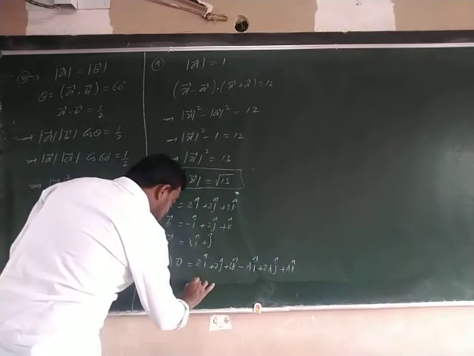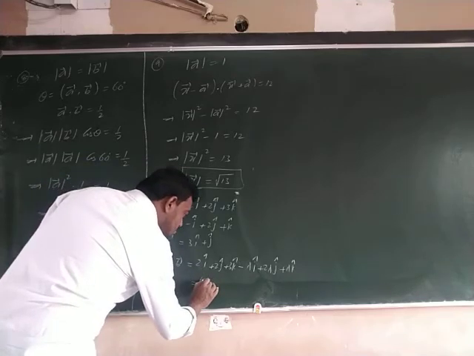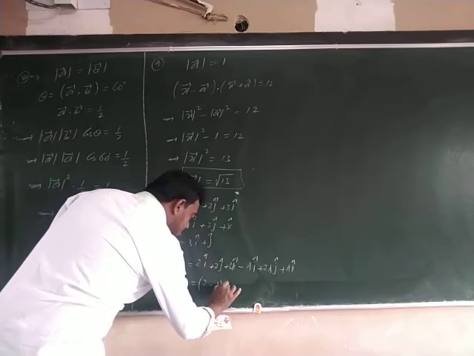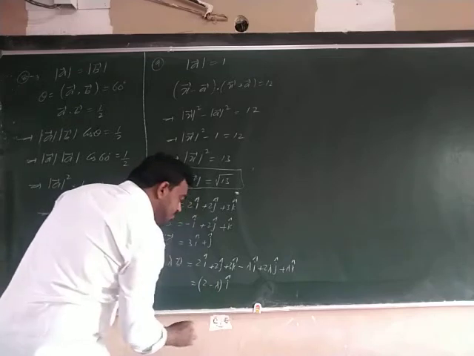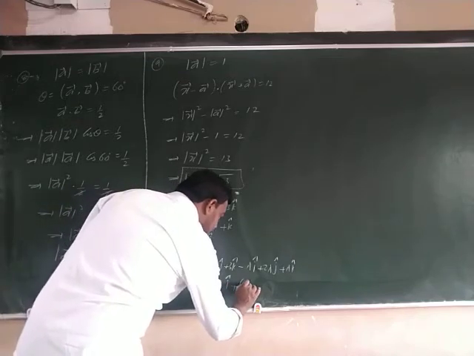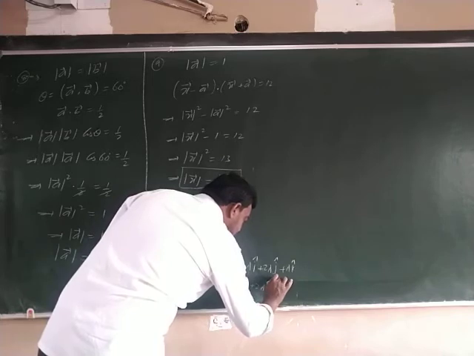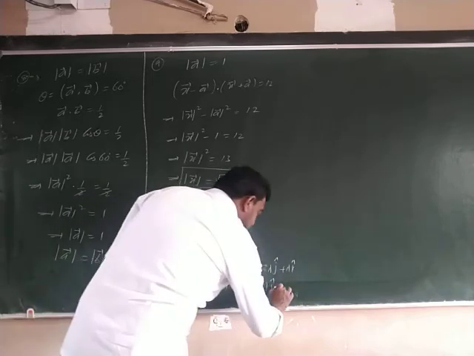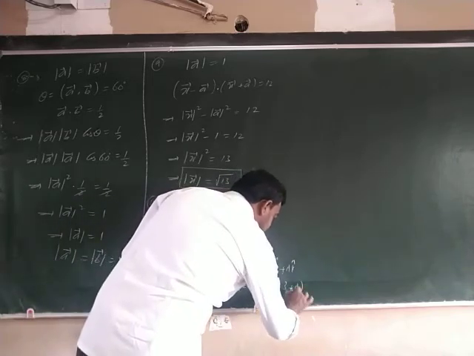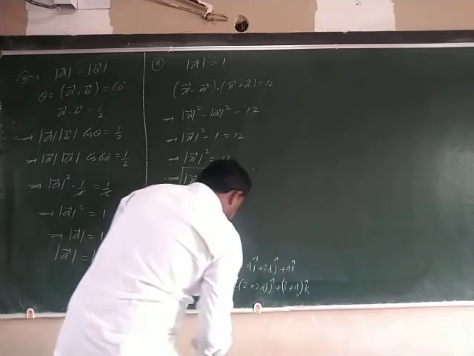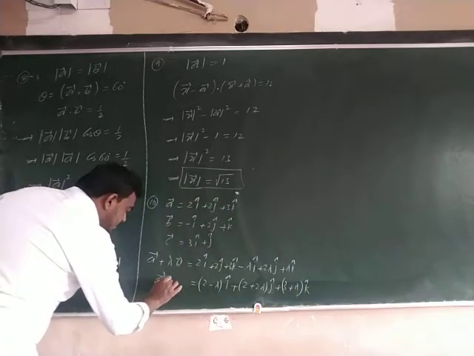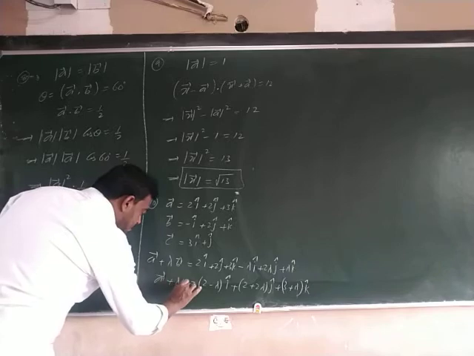So this is equal to, i is common, so 2 minus lambda into i cap, plus j common, 2 plus 2 lambda into vector j cap. Next k common, 3 plus lambda into k cap, which is equal to vector A plus lambda into vector B.